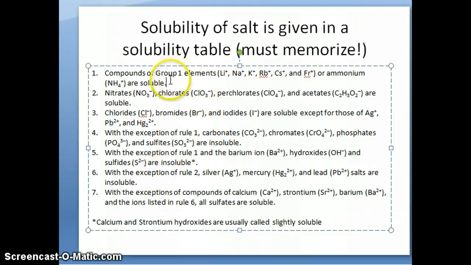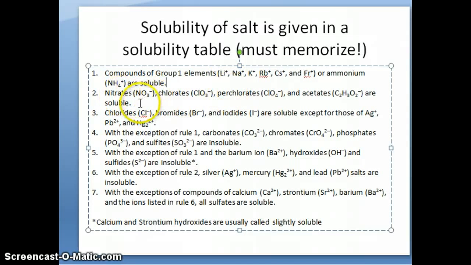The ones to keep in mind, which are fairly straightforward, are that whenever you have a group 1 element as your cation, lithium, sodium, potassium, rubidium, cesium, and francium, or ammonium, those types of salts are always soluble. So if you combine sodium with chloride, you always get a soluble salt. You can combine sodium with sulfate and it will be soluble, and so on. Those are the really easy ones to keep in mind.